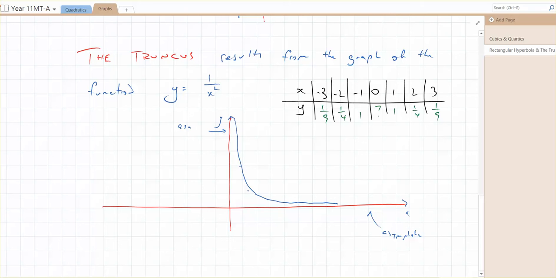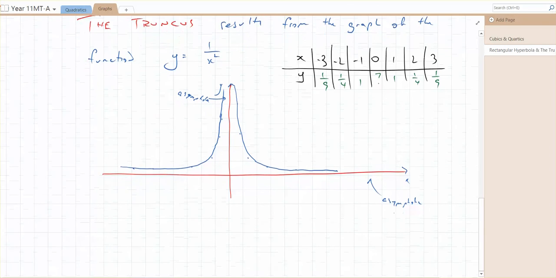Asymptote. But what about on the negative side? Minus 1 also goes to 1, so it reflects in the y-axis. So my truncus is going to be something like that. Don't know why it's called a truncus, but I love the name. So that's our truncus for 1 over x squared.